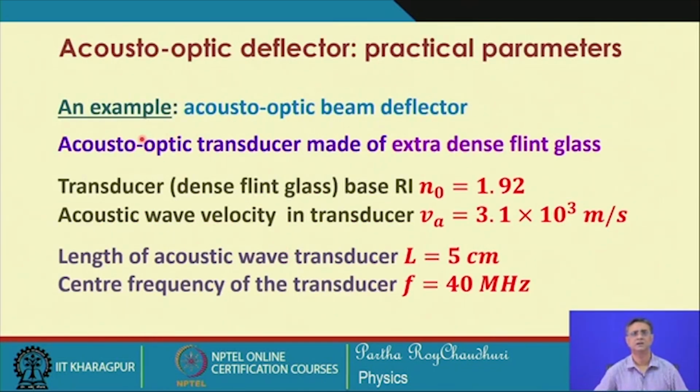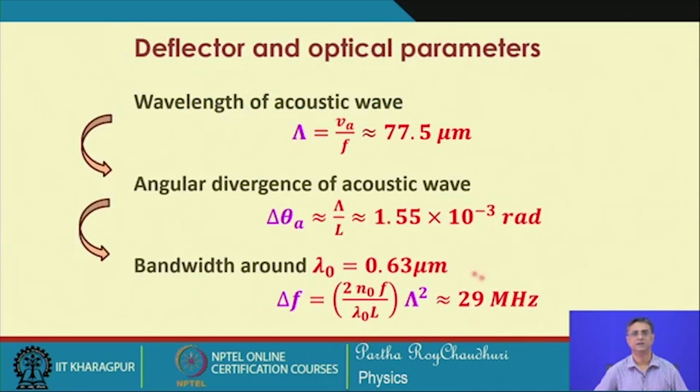Now, let us take a quick glance at an example: an acoustic beam deflector which consists of dense flint glass, whose refractive index is 1.92, acoustic velocity in this medium is 3.1 times 10 power 3 meter per second, and let us consider the length of the acoustic transducer as L equal to 5 centimeter, and the frequency of the transducer is 40 megahertz.